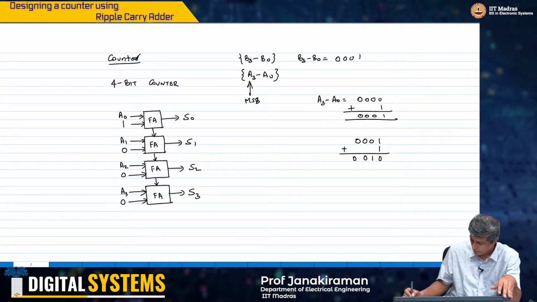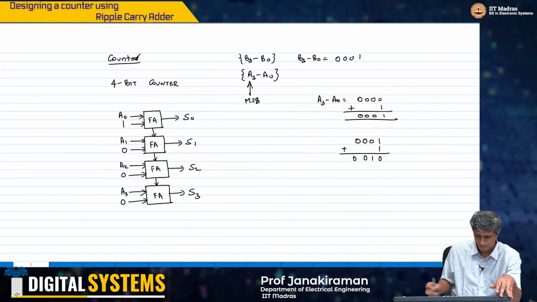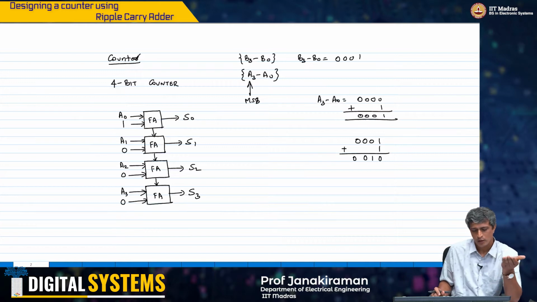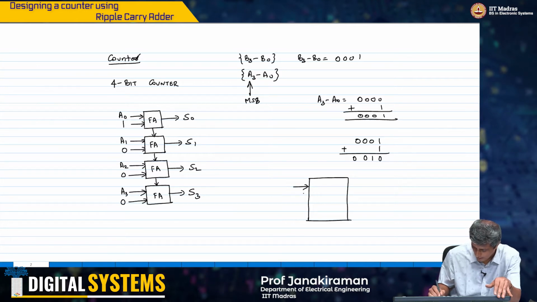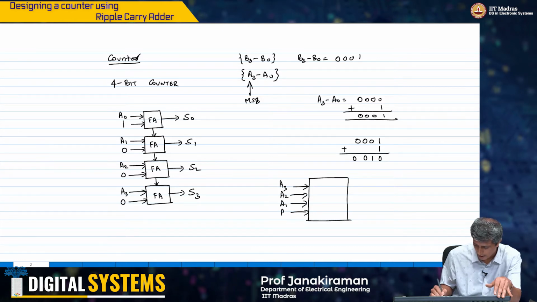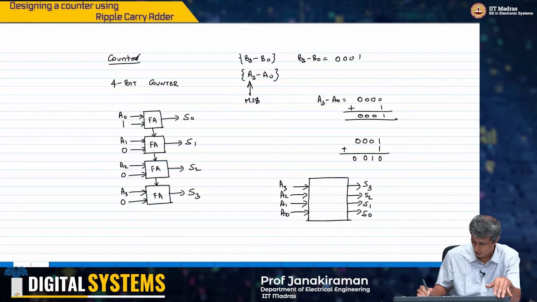And just to give you a feel, if I take this system and call it a combinational block, I am going to look at a system which is like this: A3, A2, A1, A0, and then my output S3, S2, S1, S0.